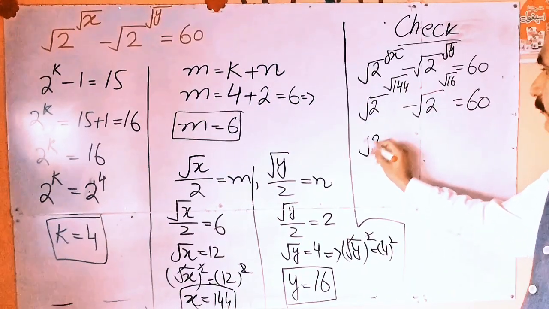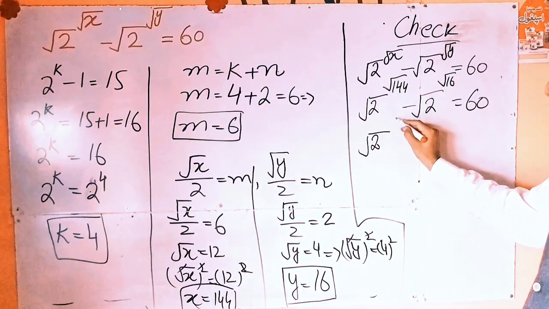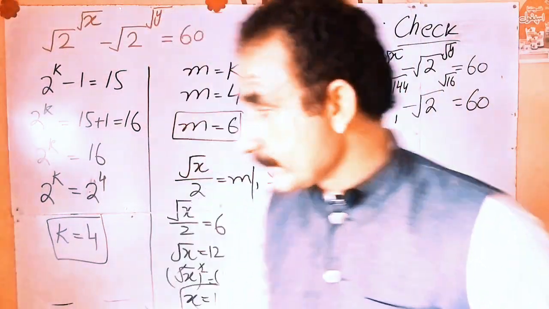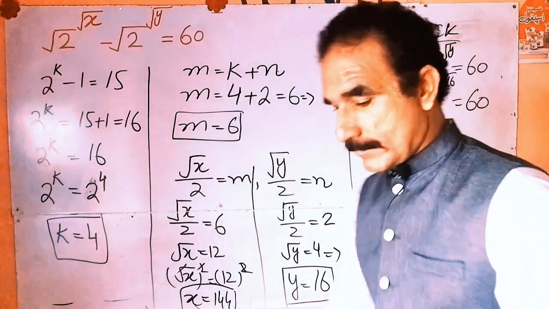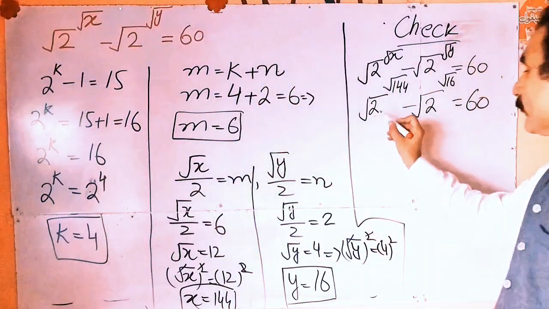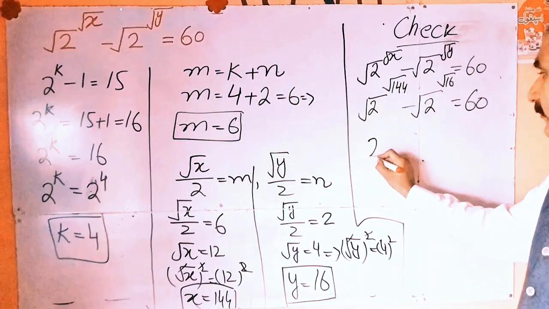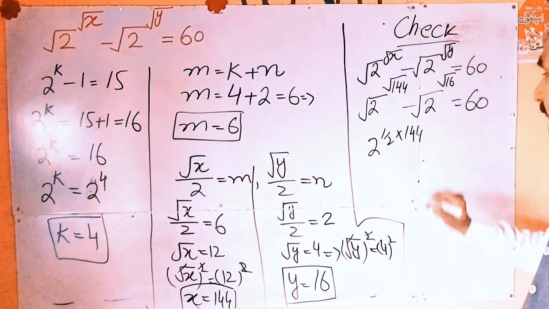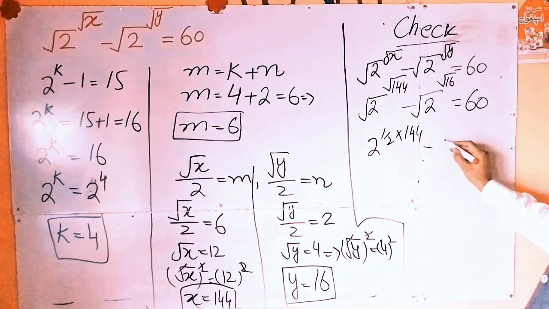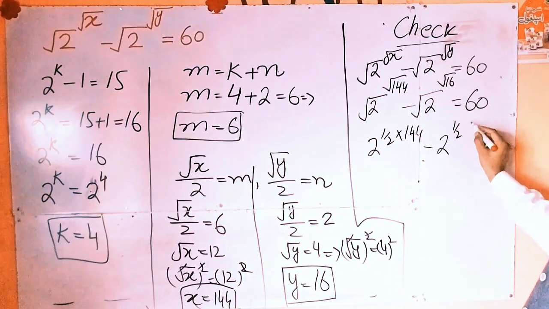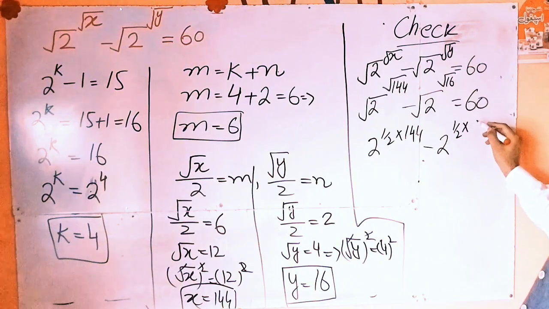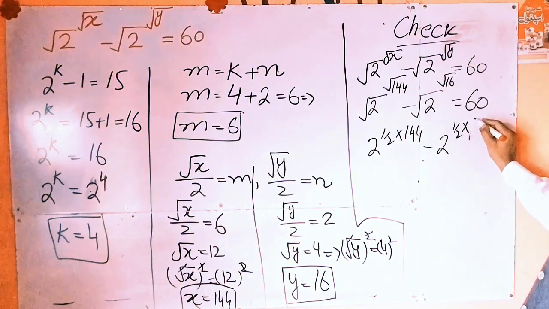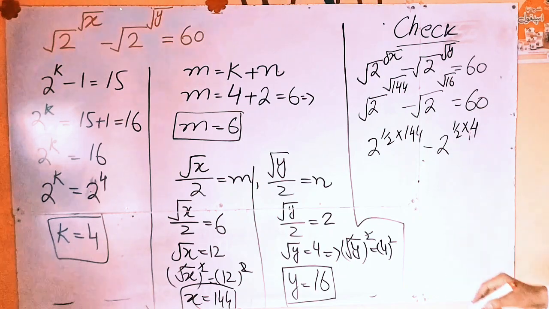Now we remove the square root from here. 2 power 1 over 2 multiplied by 144 minus 2 power 1 over 2 multiplied by 16.